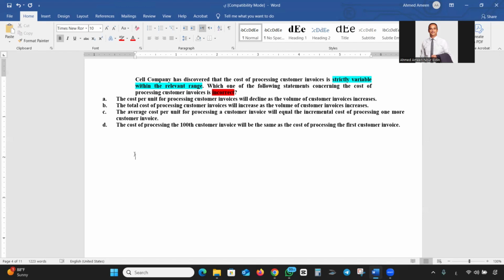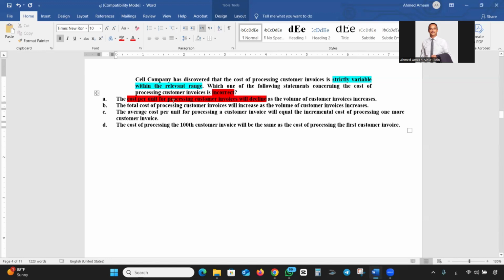Whenever you increase the production, the cost will increase. Let's see the first answer: cost per unit for processing customer invoices will decline. This is the wrong answer, the incorrect one that he needs in the question.